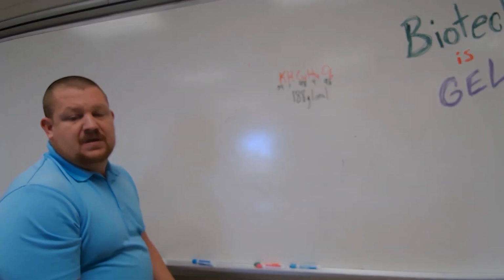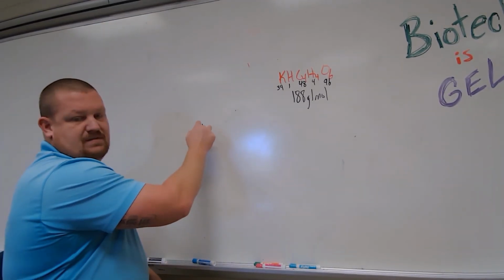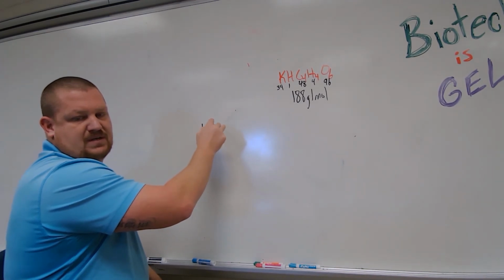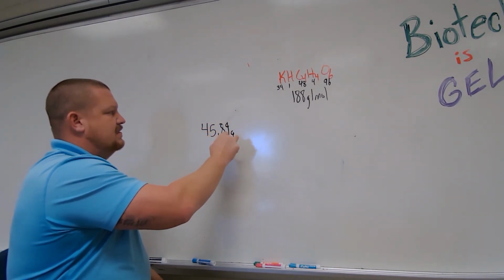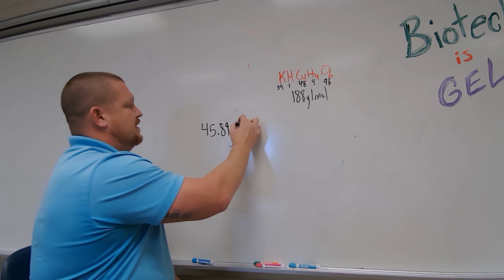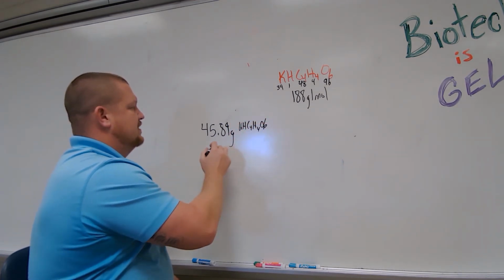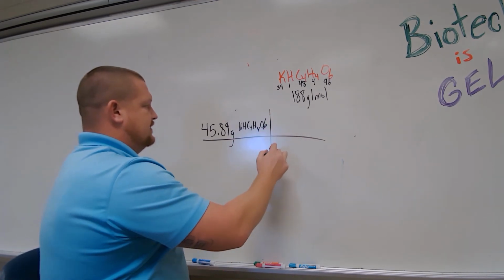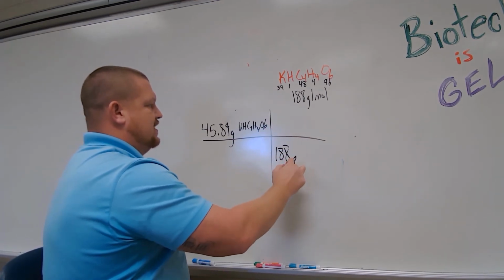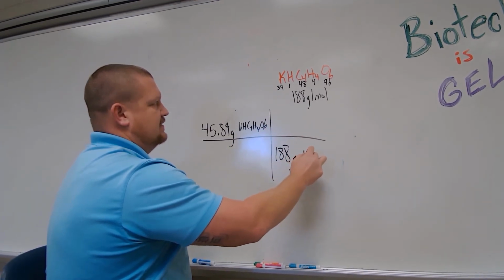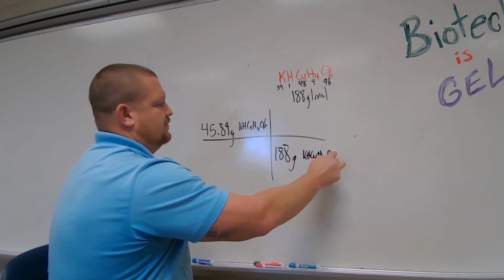Right, so start with 45.89 grams KHC4H4O6. We got 188 grams in KHC4H4O6.